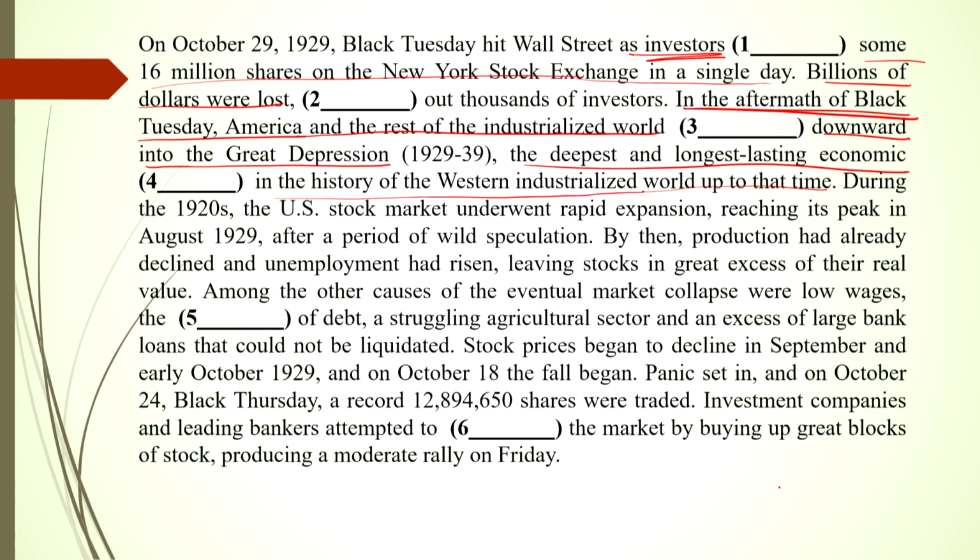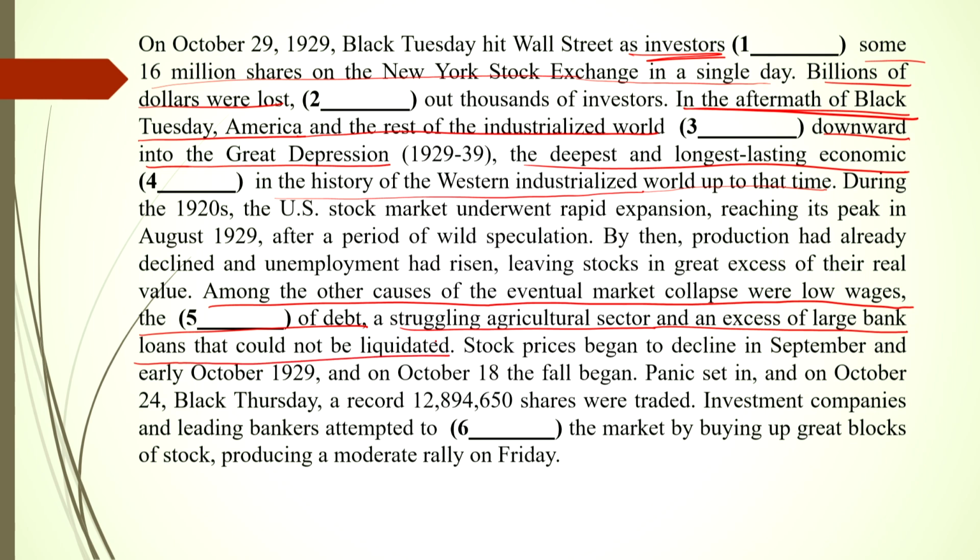So, coming back to the paragraph, it's clear that the paragraph is talking about the 1929 stock market crash and the Great Depression. The line: among the other causes of the eventual market collapse were low wages, the dash of debt, a struggling agricultural sector and an excess of large bank loans that could not be liquidated.